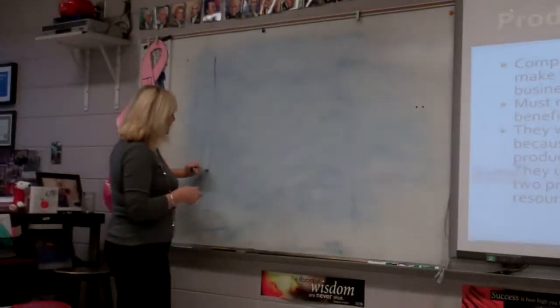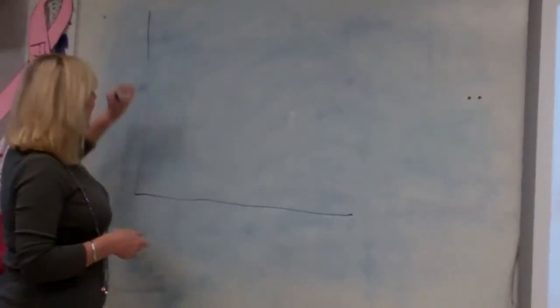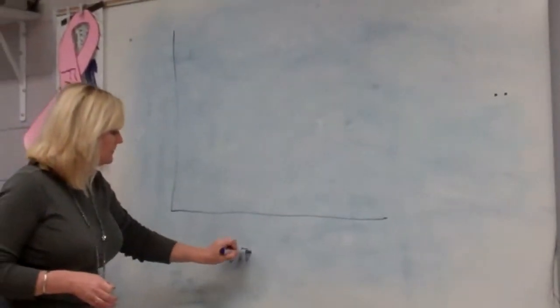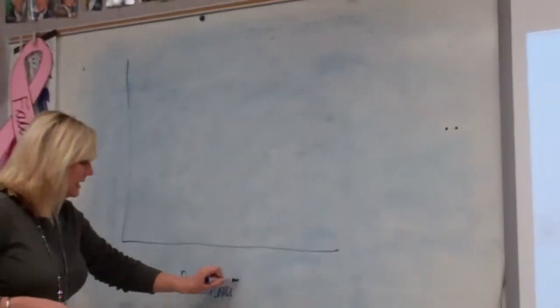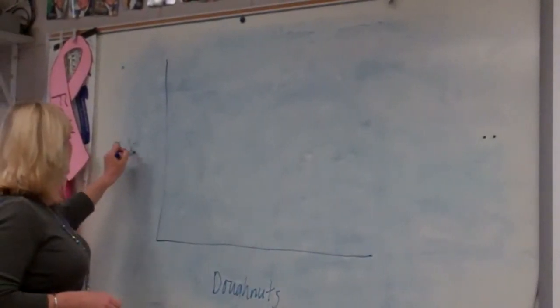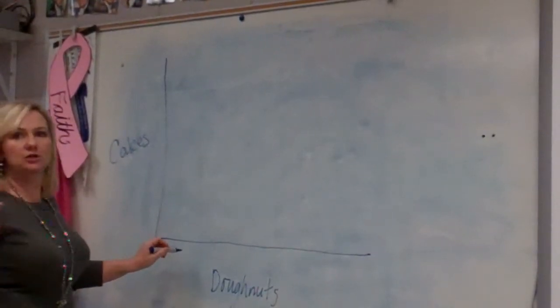Let's do a review. If we look at a production possibility curve, and let's say that I have a bakery, Pam's Bakery, and I can produce donuts. I like hot, fresh donuts. And I can produce cakes. Those are my two options at my bakery. Now, my donuts we're going to do by the dozen.